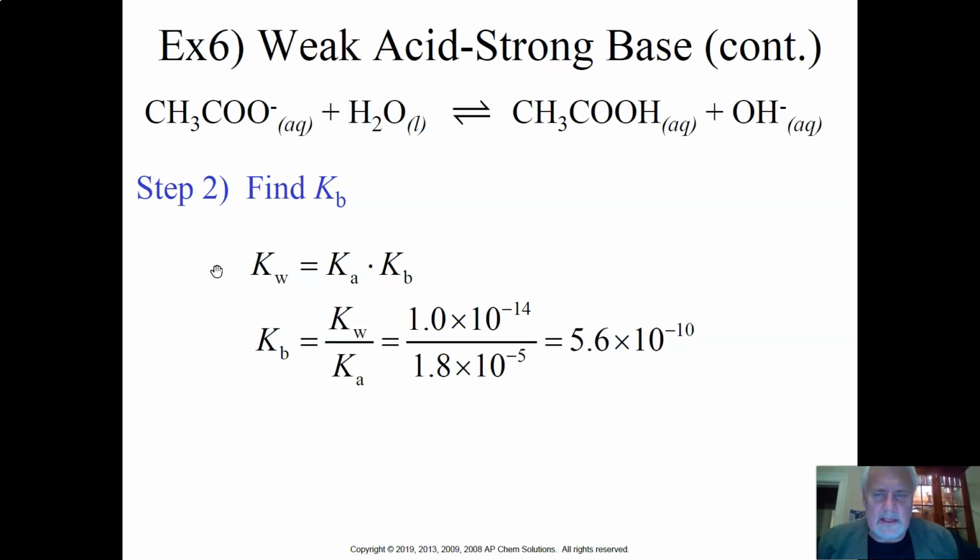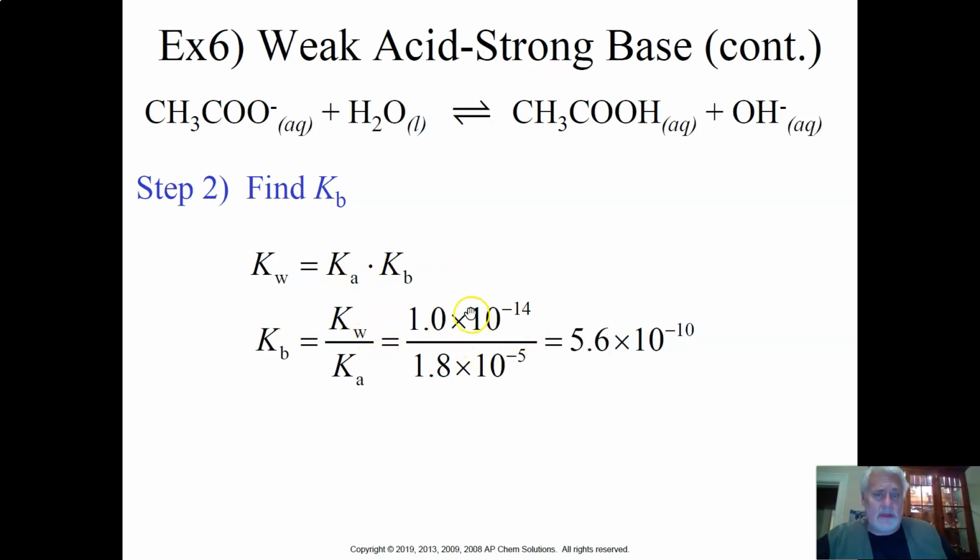what is the Kb value for this reaction, which is that it, in theory, could react with water to pick the hydrogen back up and then make usually a small amount of OH, but definitely something that can be calculated here.